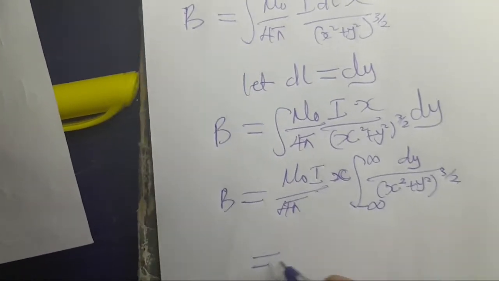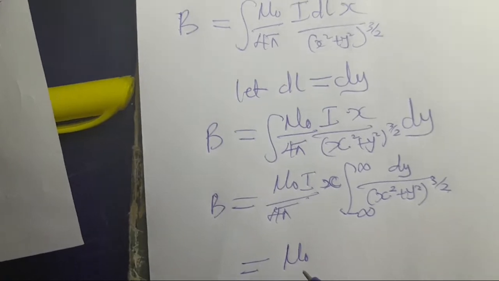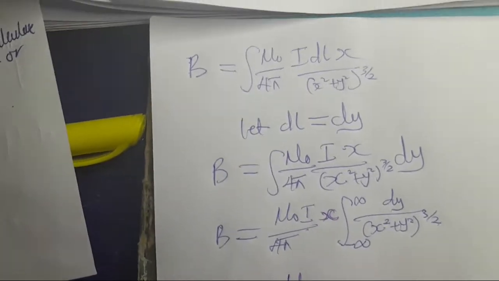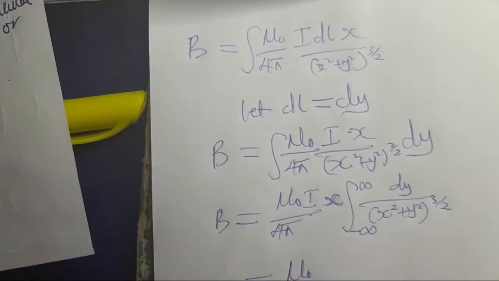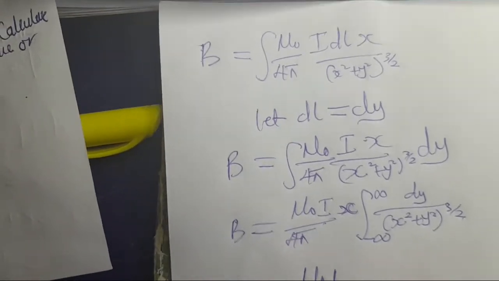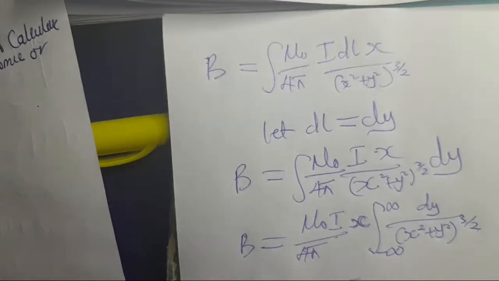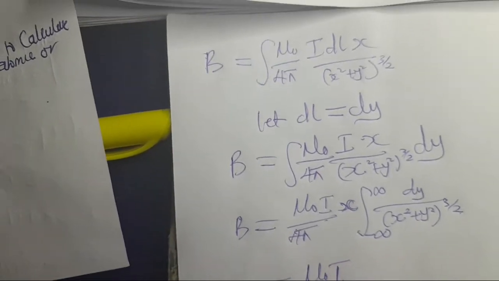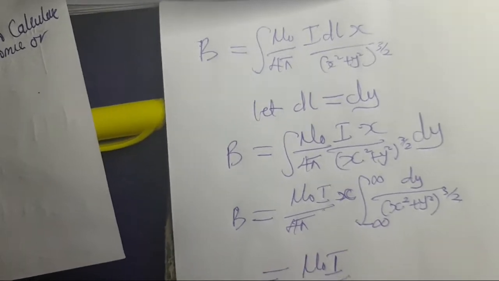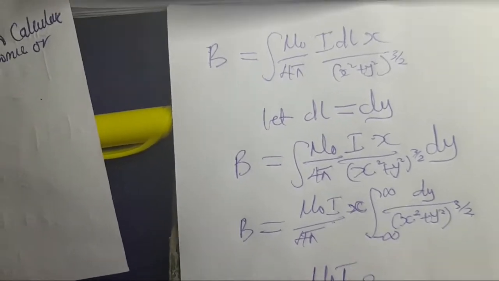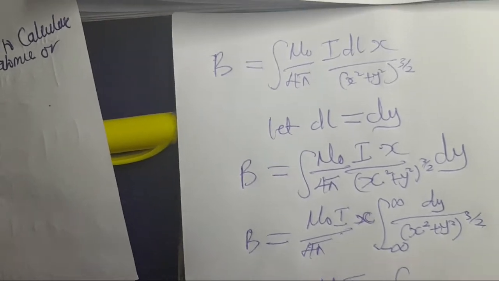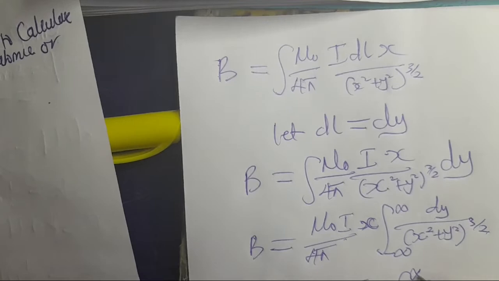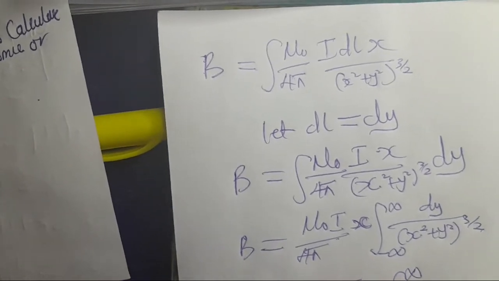From our basic integral, if you have not watched my videos on differentiation, please go and start with that. I'll soon enter integration, and I will explain everything in that class. So for now, I'm just going to tell you what we are going to have using integration. From one of the integration properties, we are going to have the integral from 0 to positive infinity, and you put a 2 here, because if you multiply this, it will give you the integral from 0 to positive infinity of dy over x squared plus y squared to the power 3 over 2.